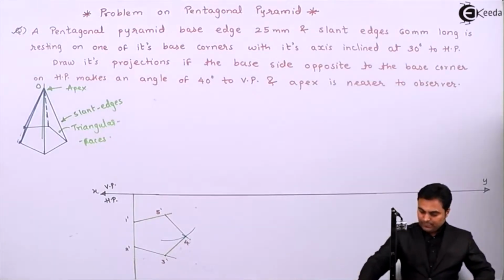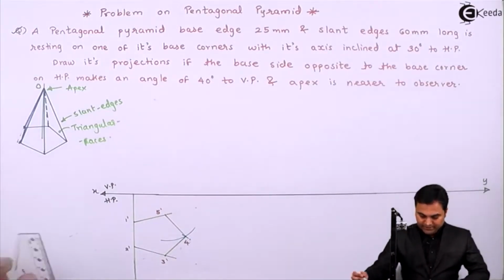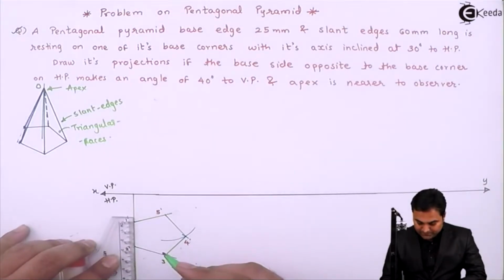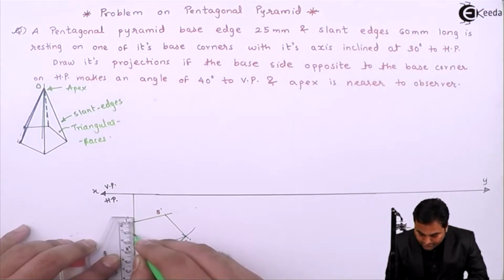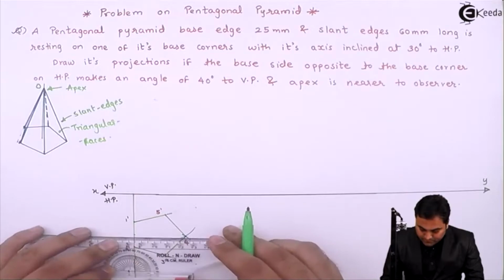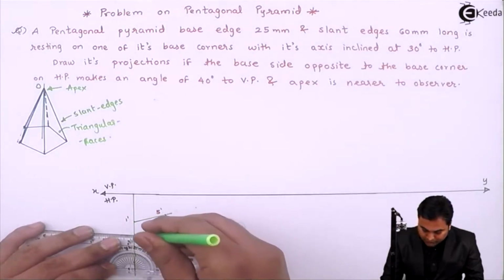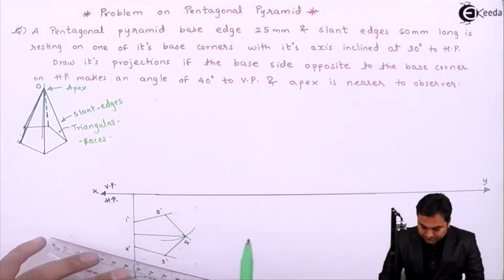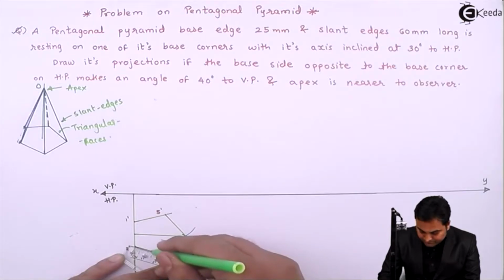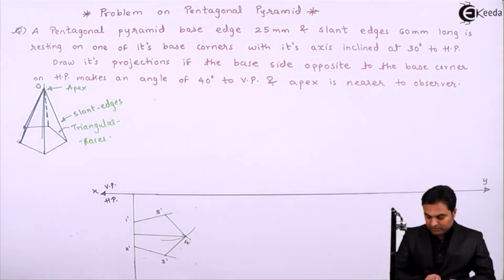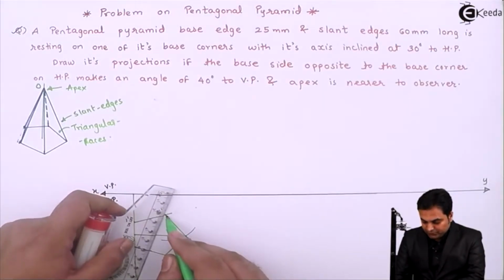Next, I'll draw the apex of this pentagon, and for that I'll take half of this edge, which is 25. Here it is 12.5. Joining it to the opposite corner. Here also this is 25. So half of that, joining it to the opposite corner.